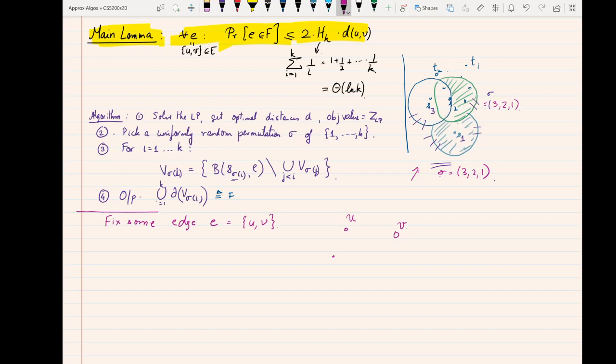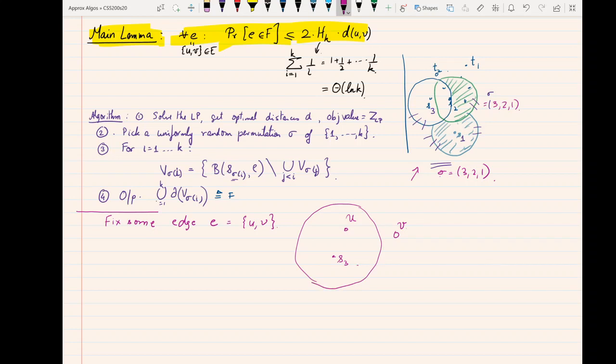Okay, so now what happens? First let us say that we had a random permutation of s1, s2 and s3, and s3 turned up first, in which case you would ask what is the probability that s3 actually cuts this edge? Well, s3 is closer to u than to v. So of course s3 will cut this particular edge if the ball around it captures u and not v.